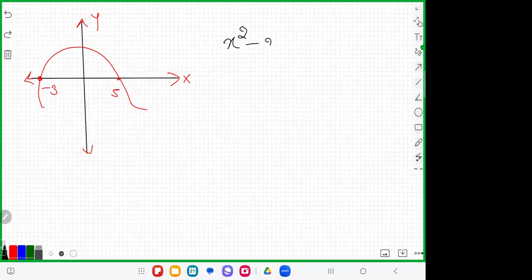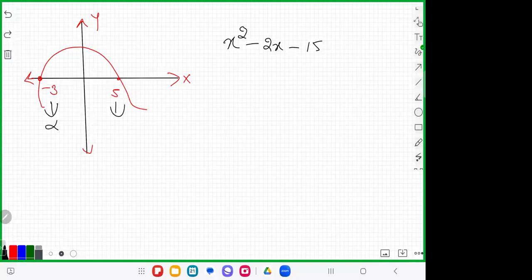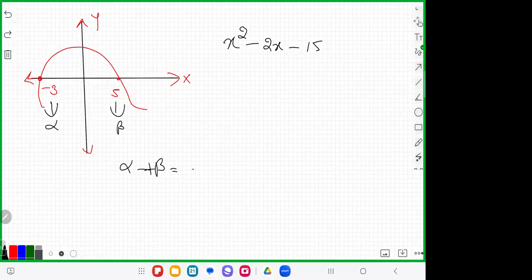Okay, this is the alpha and this one is the beta. So alpha plus beta is equal to minus 3 plus 5, which is equal to 2. And alpha beta is equal to minus 3 into 5, that is minus 15. So x square minus 2x minus 15.